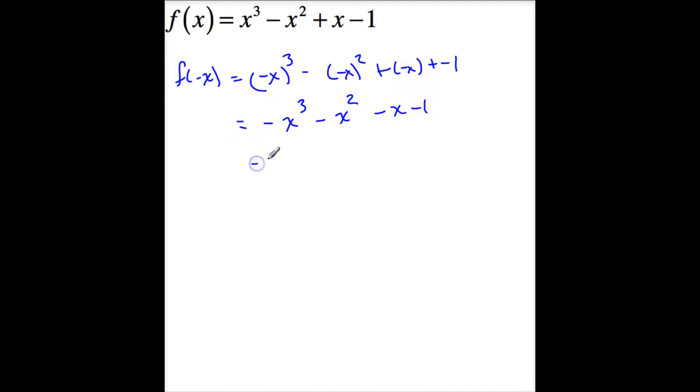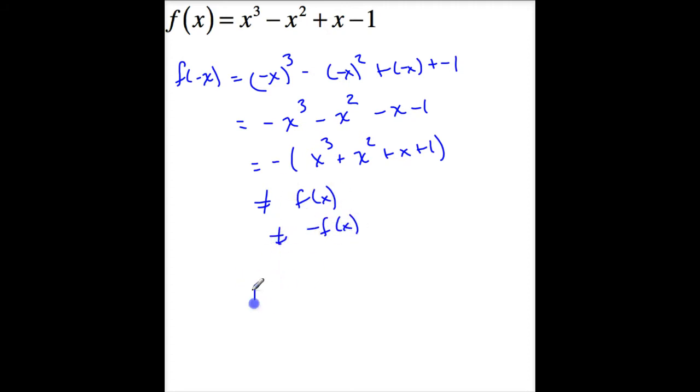My leading coefficient is negative, so I'm going to factor it out. Minus, x cubed plus x squared plus x plus 1. Now this does not equal f of x. This does not equal minus f of x. So this one is neither even nor odd.